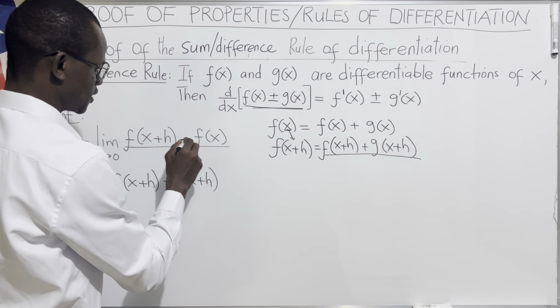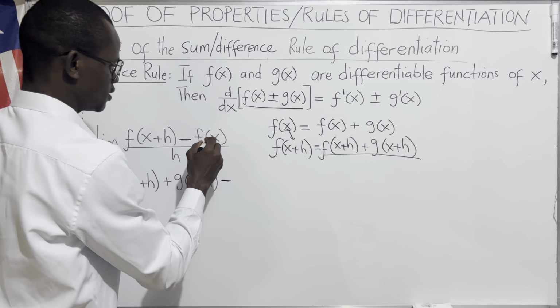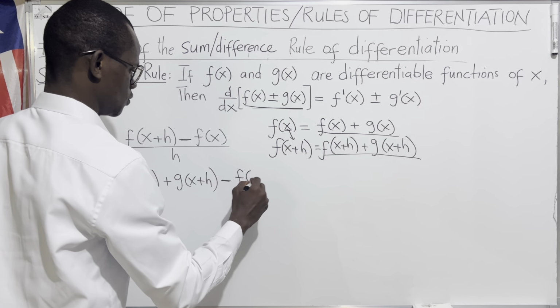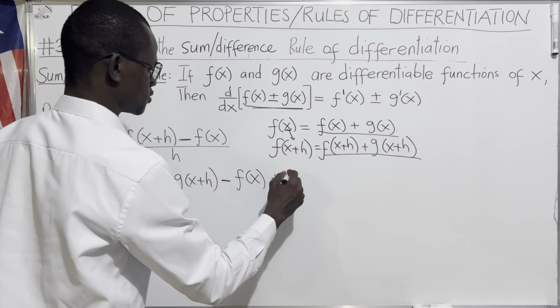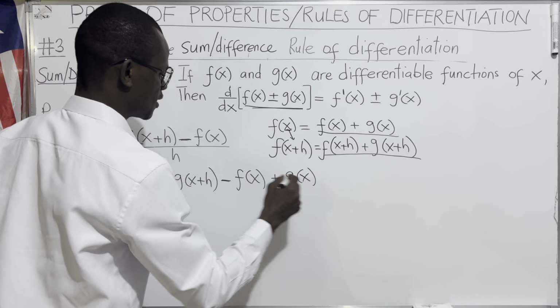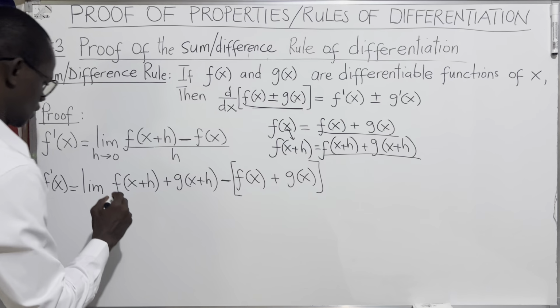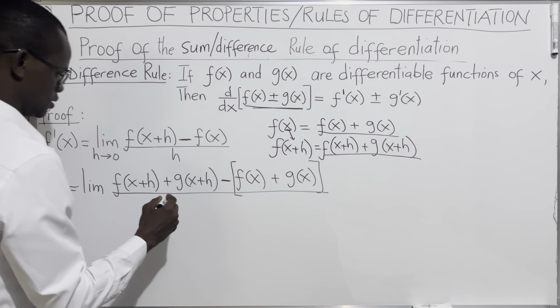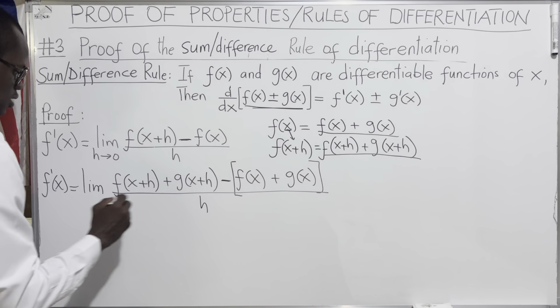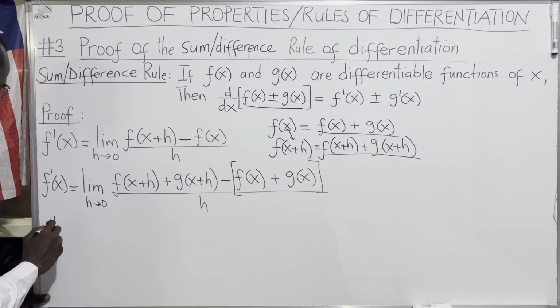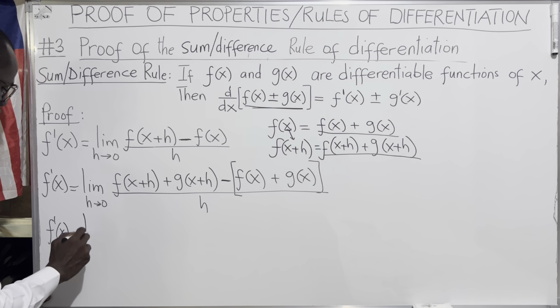Minus, right here now, minus this f of x, which is just equal to f of x plus g of x. But remember I told you, put it in parentheses because of this negative. All divided by h, as h gets closer and closer to 0. So we have f prime of x now to be equal to the limit.